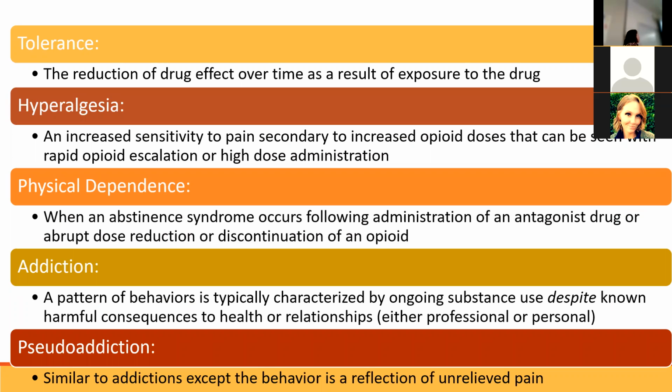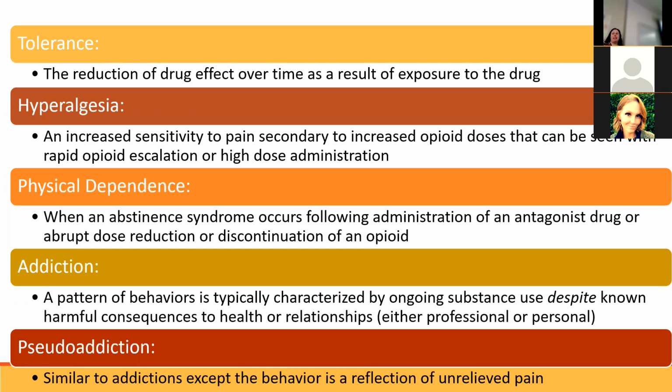Some terminology. Tolerance is the reduction in the drug's effect over time because you've been exposed. That does not mean that a patient is addicted. They're two completely separate buckets. They often go hand in hand, but they're two different processes.